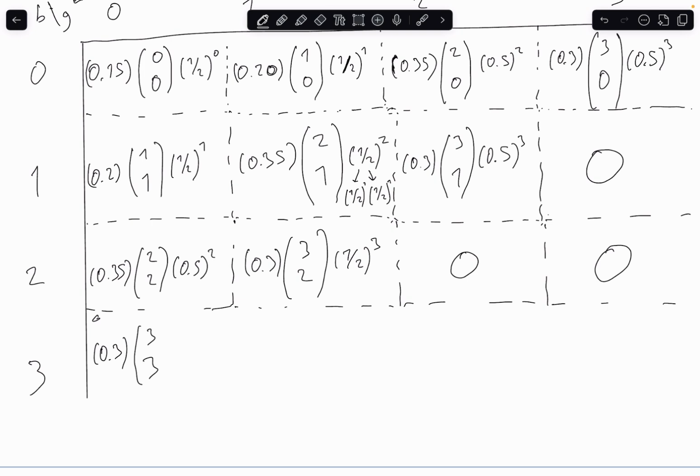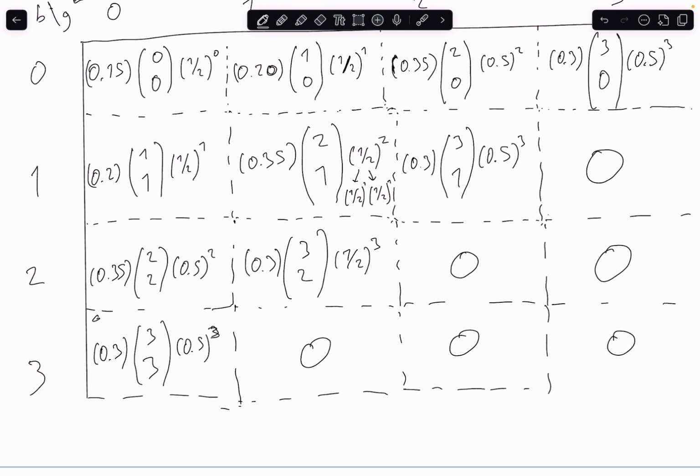Among these, all 3 are boys, and probability of having 3 of them as boys is this. In the upcoming section we have 4 children, which is impossible, 5 impossible, and then 6 is impossible.